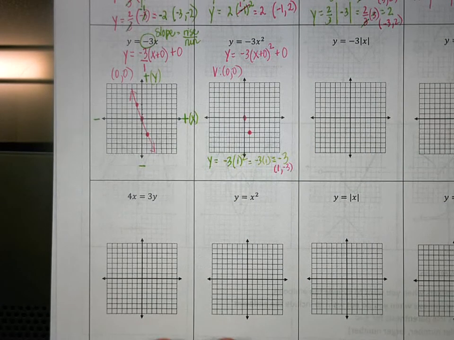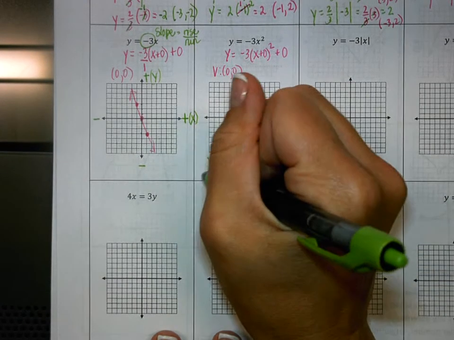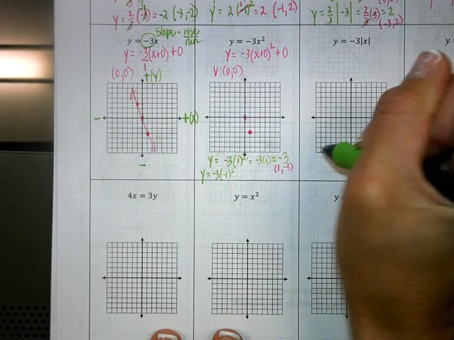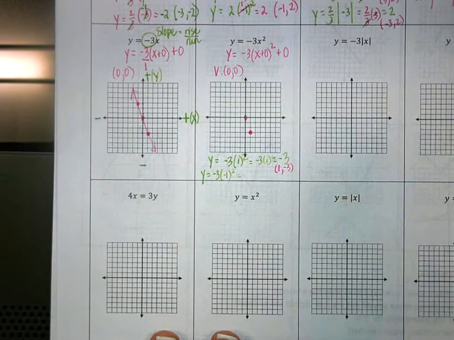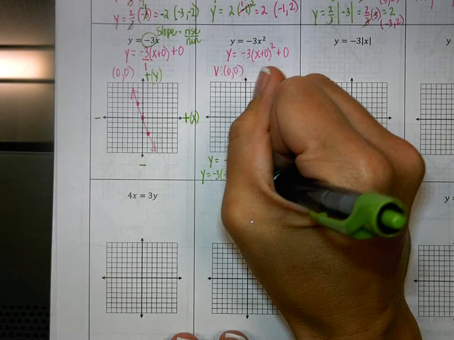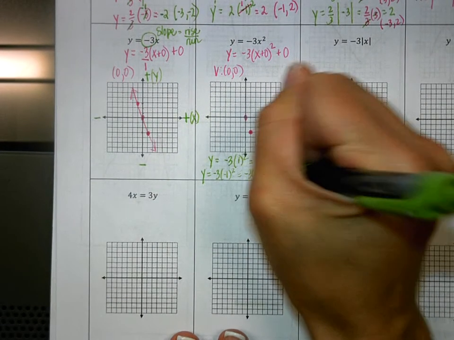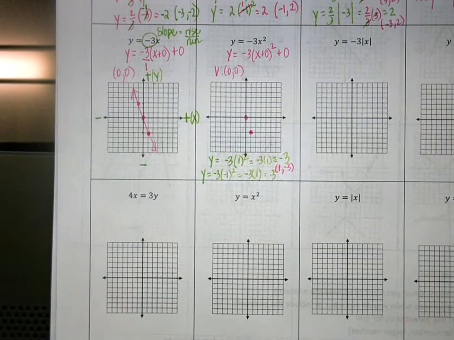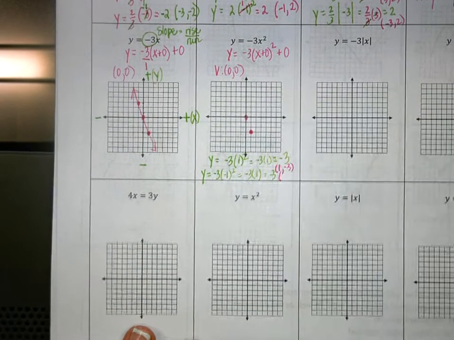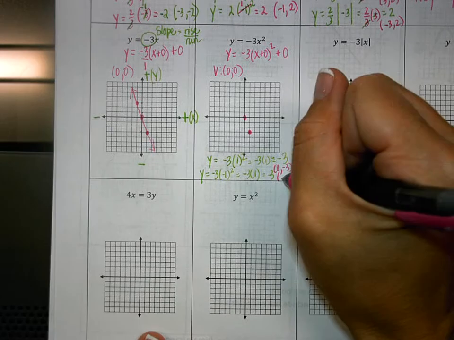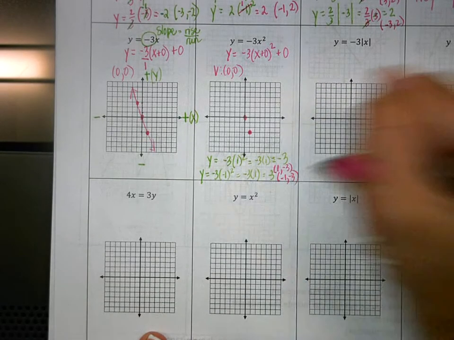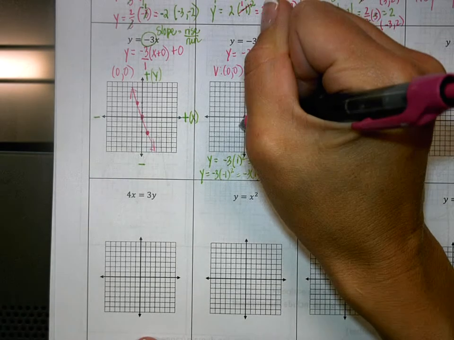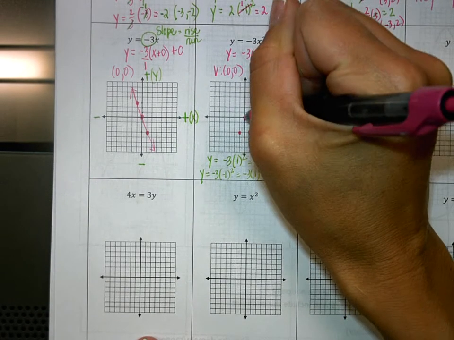So then we want to plug in a negative value. We have y equals negative 3 times negative 1 squared. What is negative 1 squared? So negative 3 times 1 equals negative 3 again. So what's that ordered pair though? Negative 1, negative 3, because we plugged in negative 1 that time. So negative 1, down 1, 2, 3, and this one goes down.